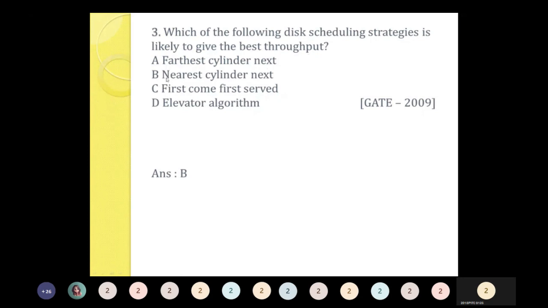In terms of the nearest cylinder, this is the FCFS scheduling. The name is slightly different, and that is the elevator algorithm, which is the farthest cylinder next.